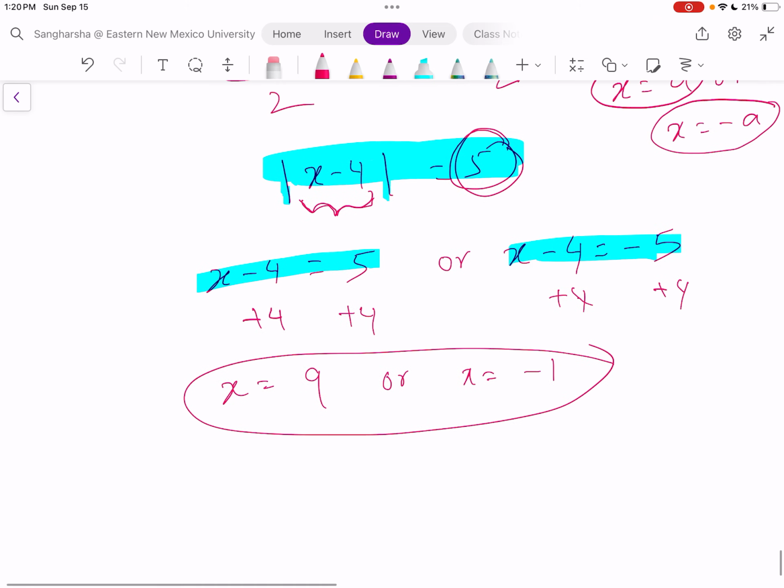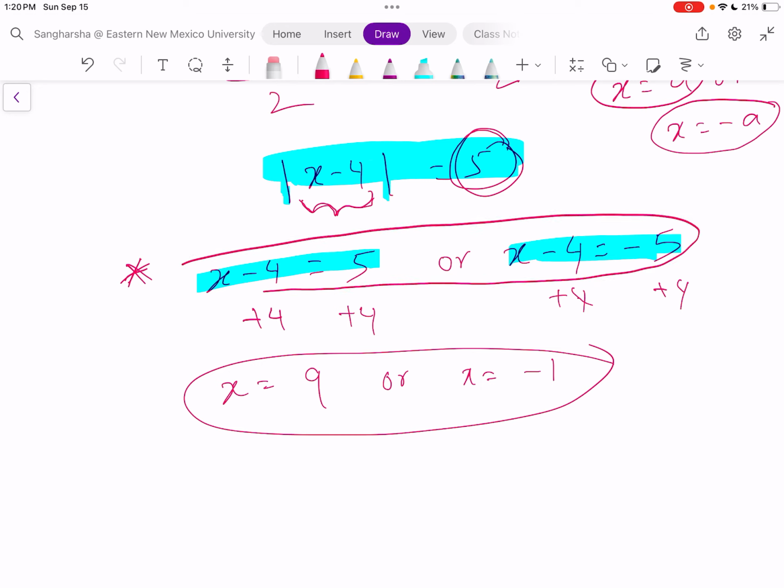So this is the key step. Whenever you have an absolute value equation and you are rewriting it without the absolute value sign, you always have two different equations. You write whatever you have inside the absolute value equal to positive of the right side, or whatever you have inside the absolute value equal to negative of the right side.